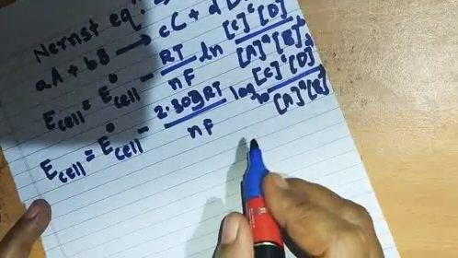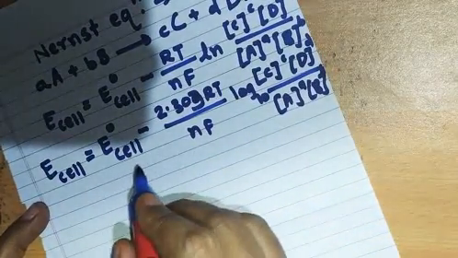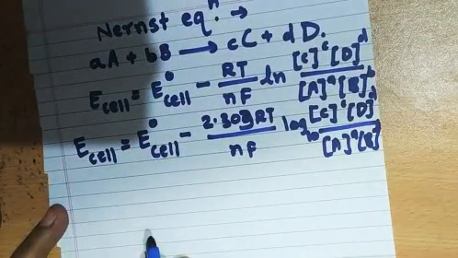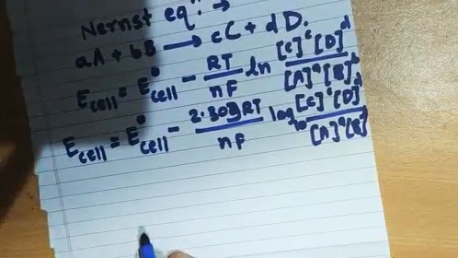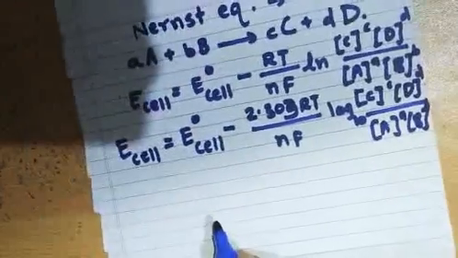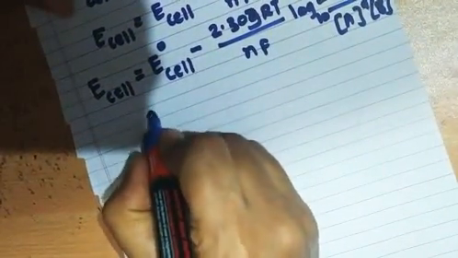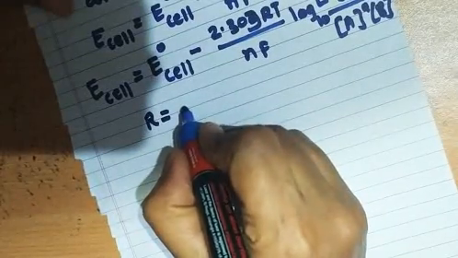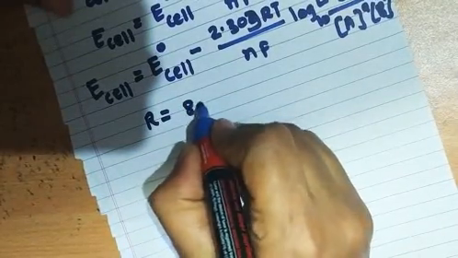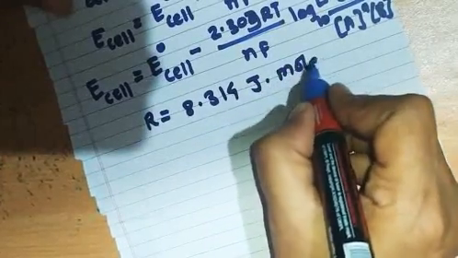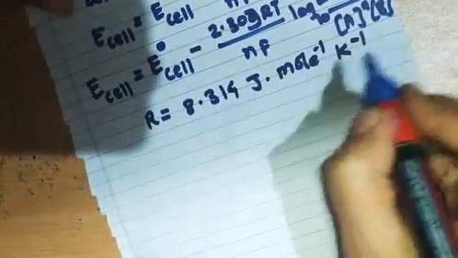Then let us see the terms involved in the above relation. R is the gas constant. It is 8.314 joules per mole per Kelvin.